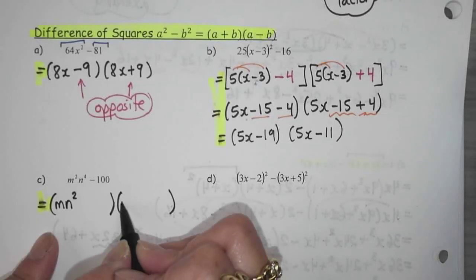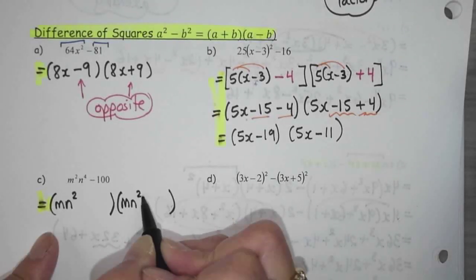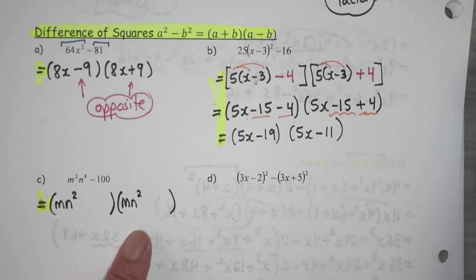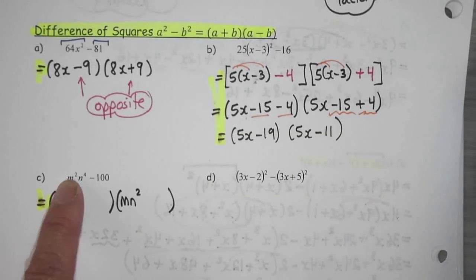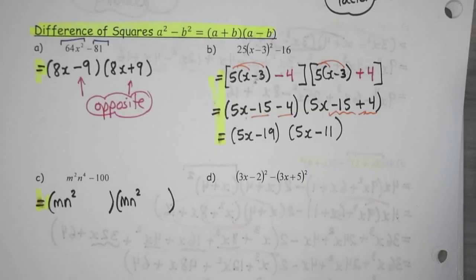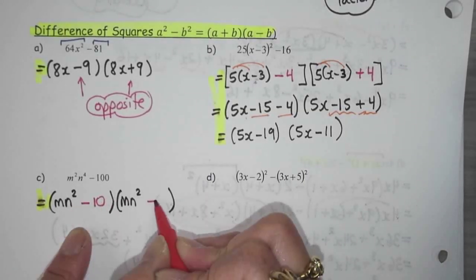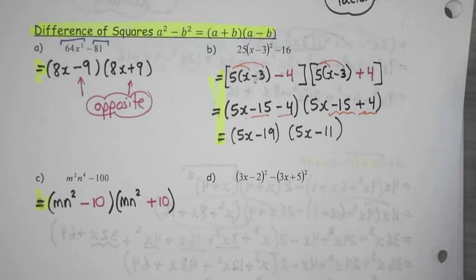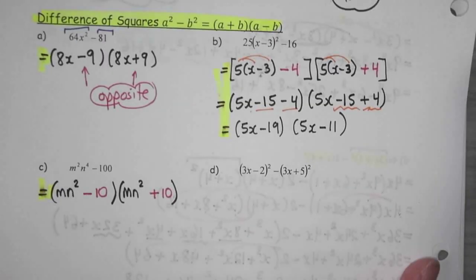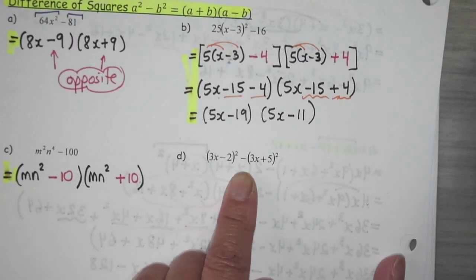Half of them there, mn squared. Mn squared times mn squared is m squared n to the 4th. Is that okay? Okay, so we're good there. And then all we have to do is the second part, minus 10 plus 10. Doesn't matter the order. Can I simplify that anymore? Nope. Good. All done.